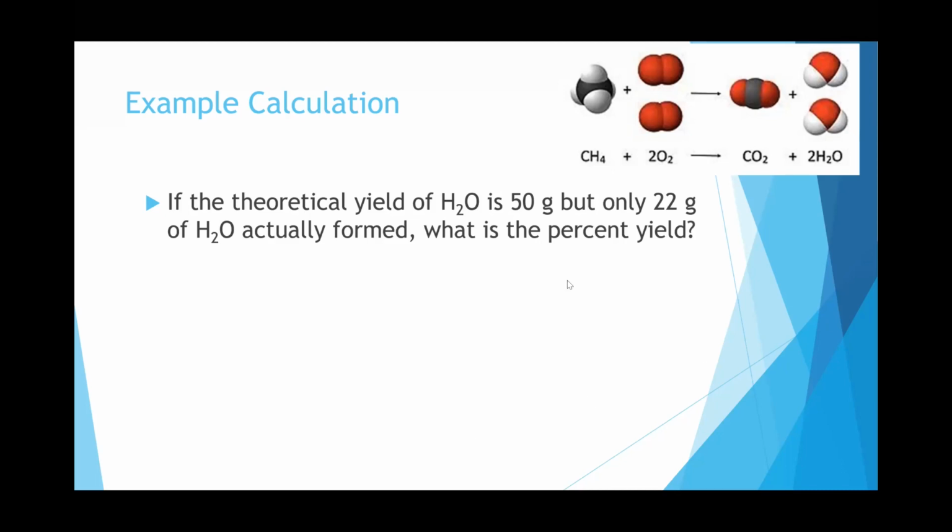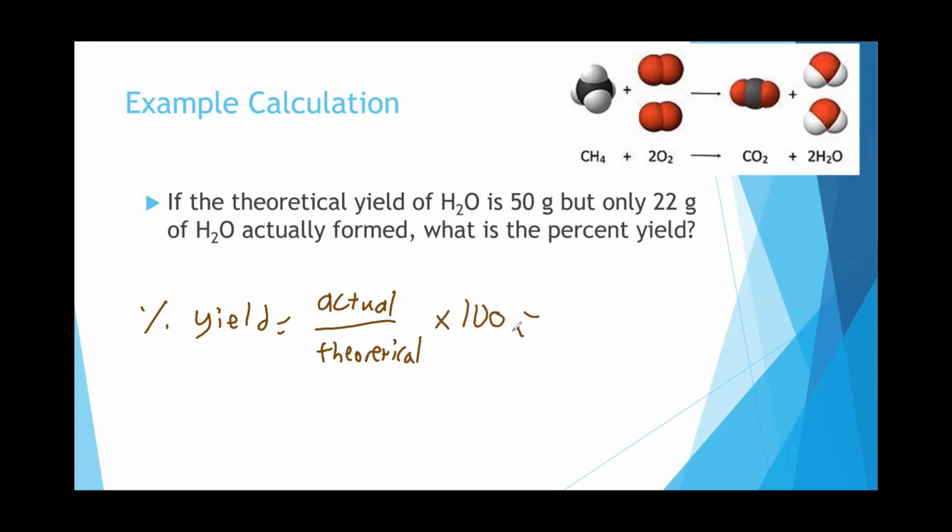Okay. I think I'll start with the solution. So percent yield is the actual over theoretical times 100.